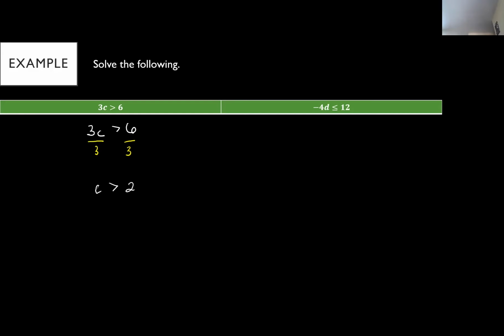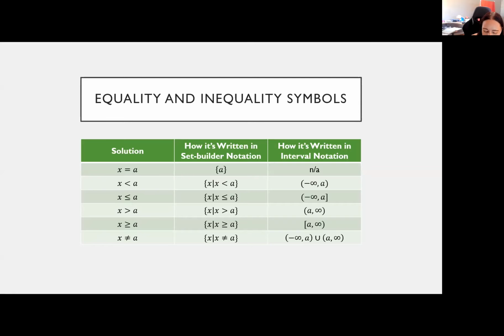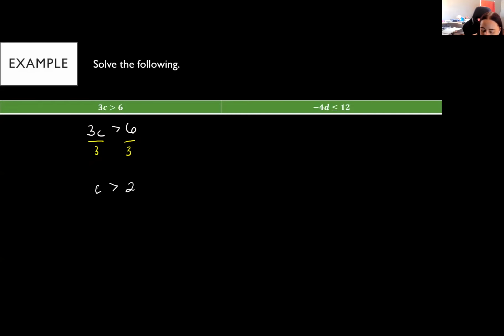Now we want to practice writing this in interval notation, because that is the notation that is used for everything basically, especially when you're going into college algebra. So I'm going to go back to the previous slide. So we have C is greater than 2.